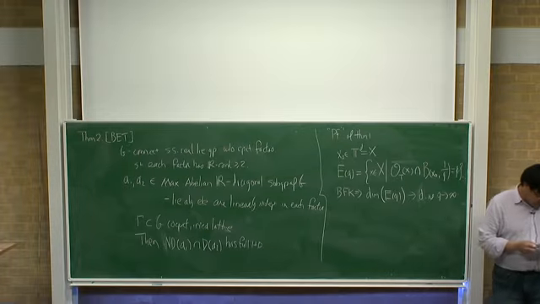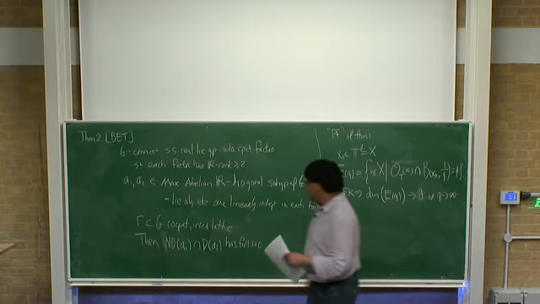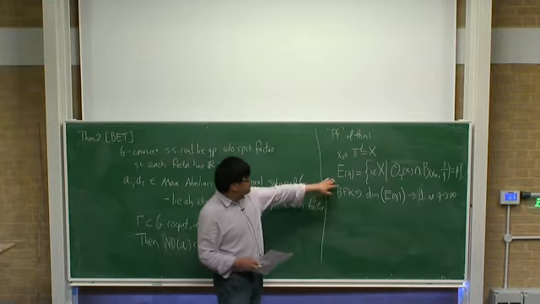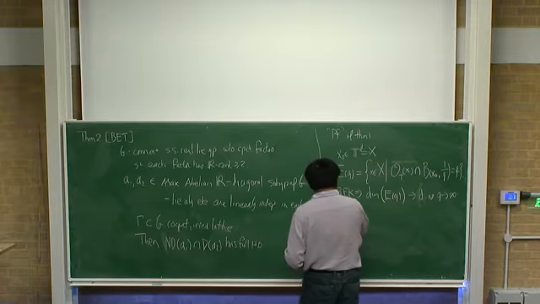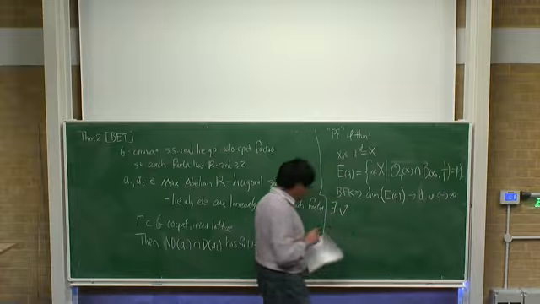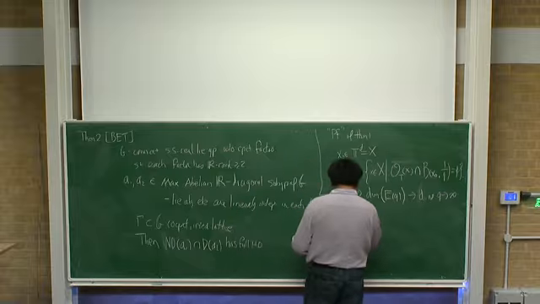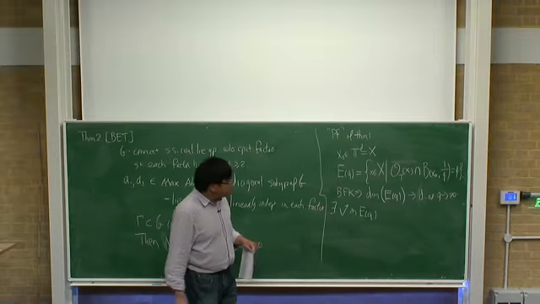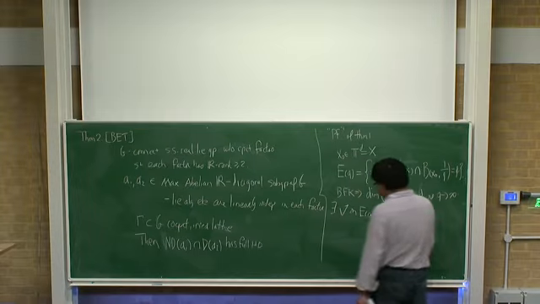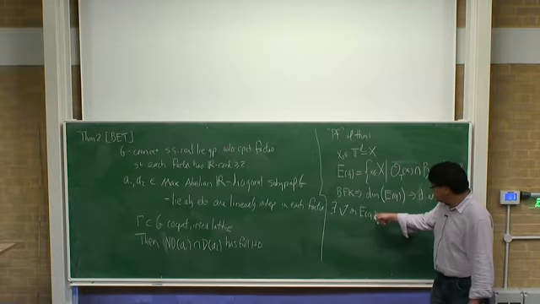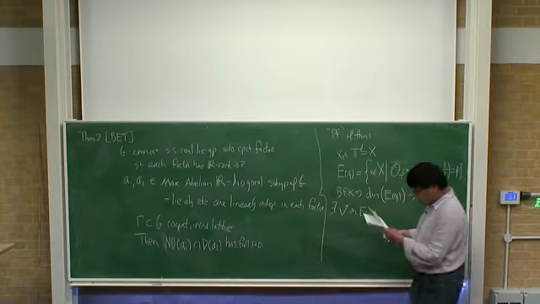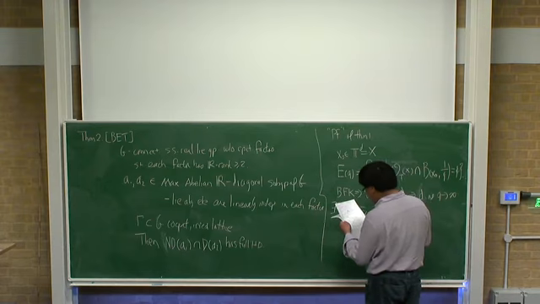Now I want to use the variational principle. This is a closed T-invariant set, and I want to get a measure. So there exists some mu, a measure supported on E_q, such that the variational principle tells me that the measure-theoretic entropy can be pretty close to the topological entropy.